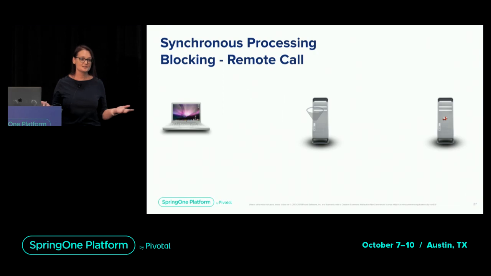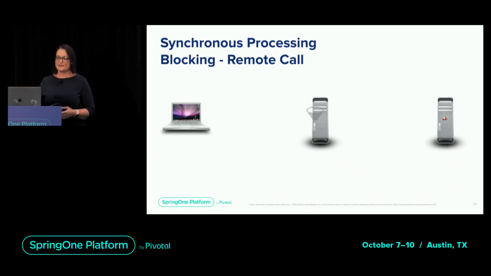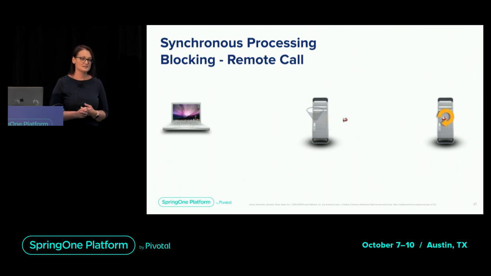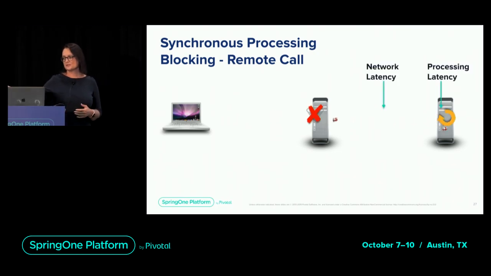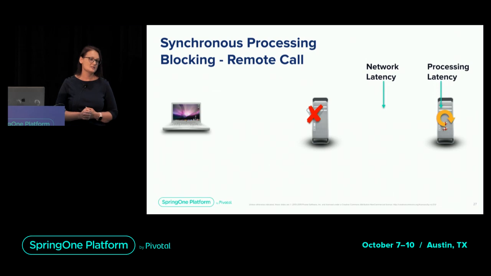And that thread does nothing. And because we continue receiving requests, at some point of time, without knowing the processing latency on the remote system, without knowing the network latency, our server thread pool will be filled, and we will not be able to return any more responses.